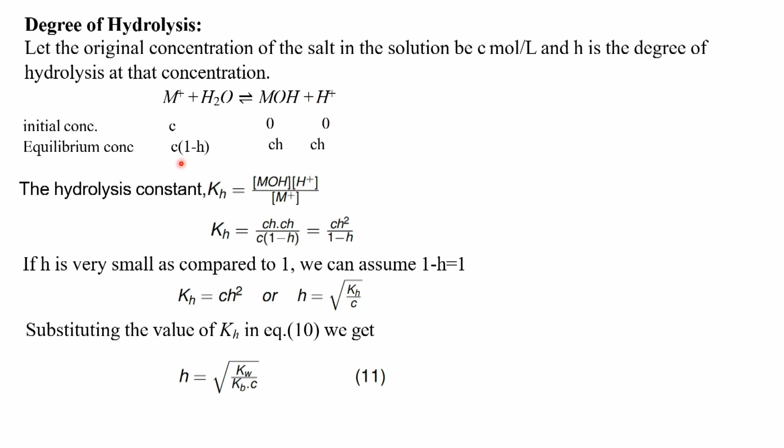At equilibrium, with h the degree of hydrolysis, M plus is C times 1 minus h, MOH is Ch, and the concentration of H plus is also Ch. Here h is the degree of hydrolysis.